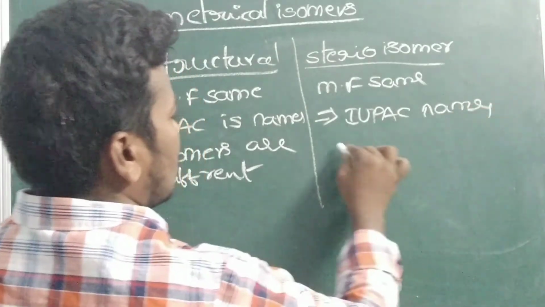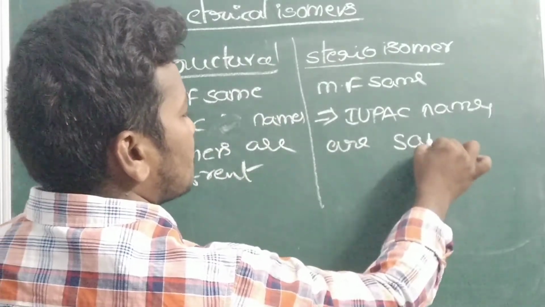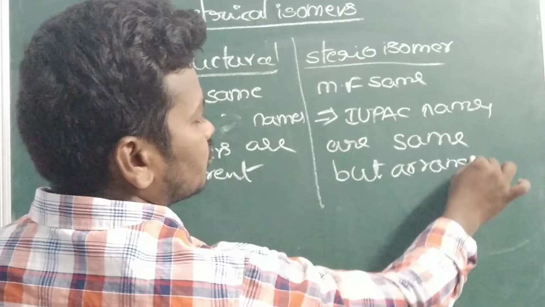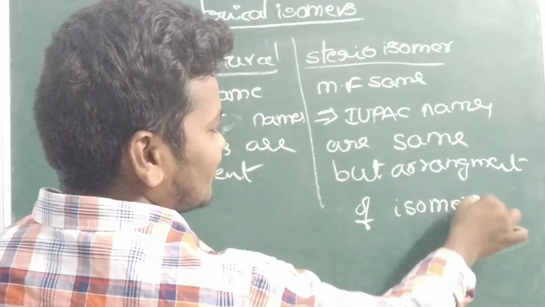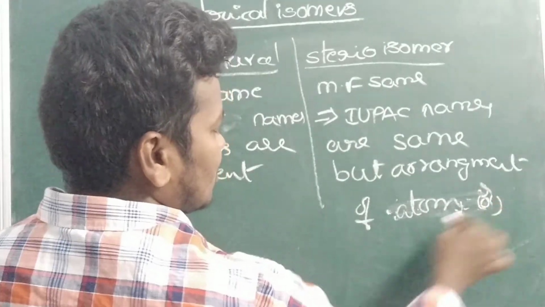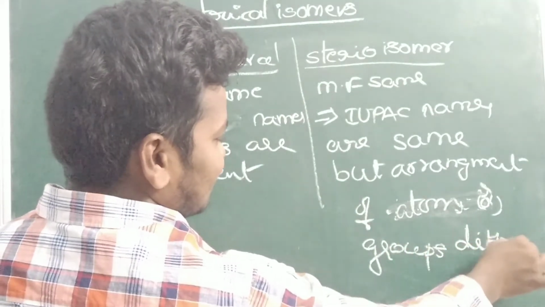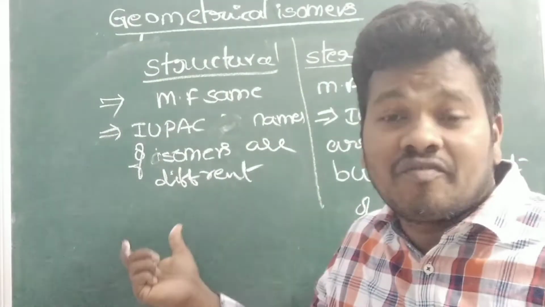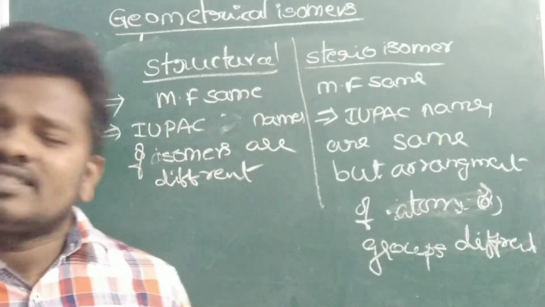So if the IUPAC names are different for two isomers, we call them structural isomers. But in stereoisomers the IUPAC names are the same in isomers, but the arrangement of atoms or groups is different.